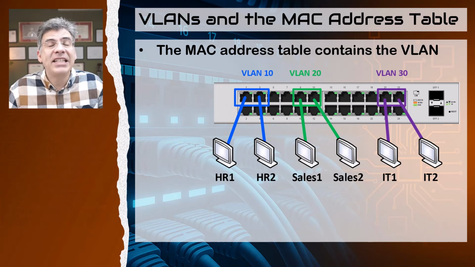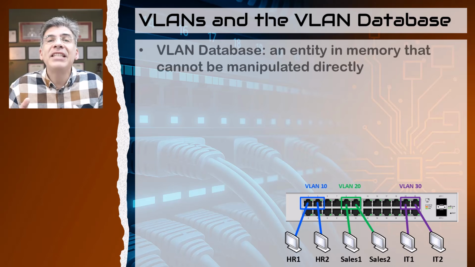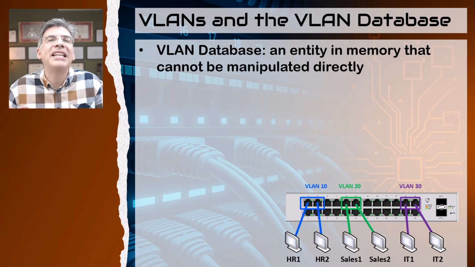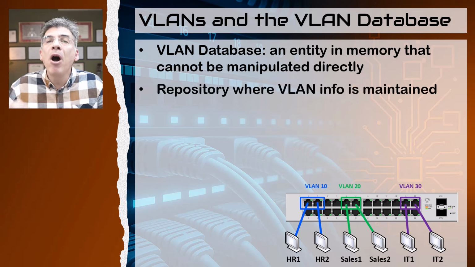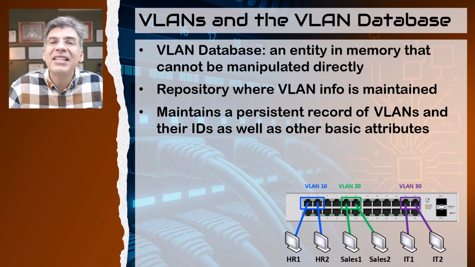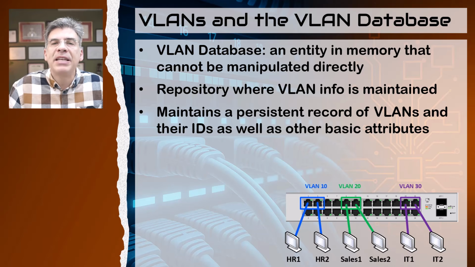Now, the other entity involved in this process is the VLAN database. This is a separate entity in memory that cannot typically be manipulated directly. It's a repository where VLAN information is maintained based on the configuration of each individual interface. The VLAN database exists to maintain a persistent record of which VLANs are defined on a switch, including their IDs and other basic attributes.